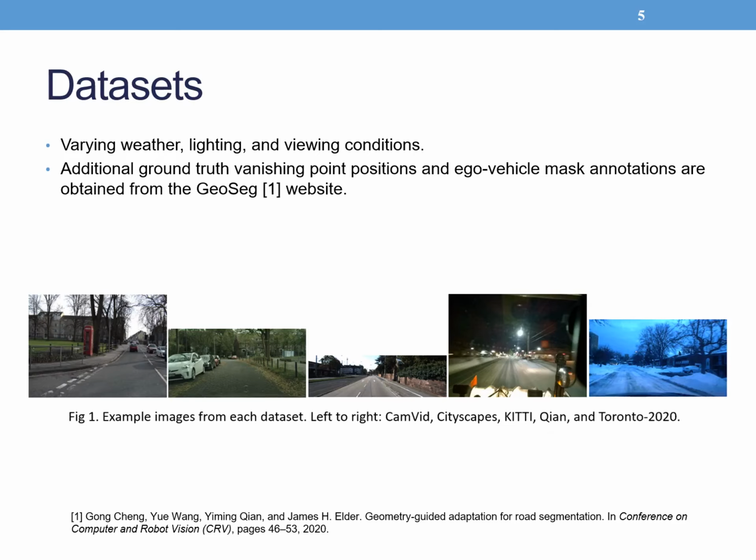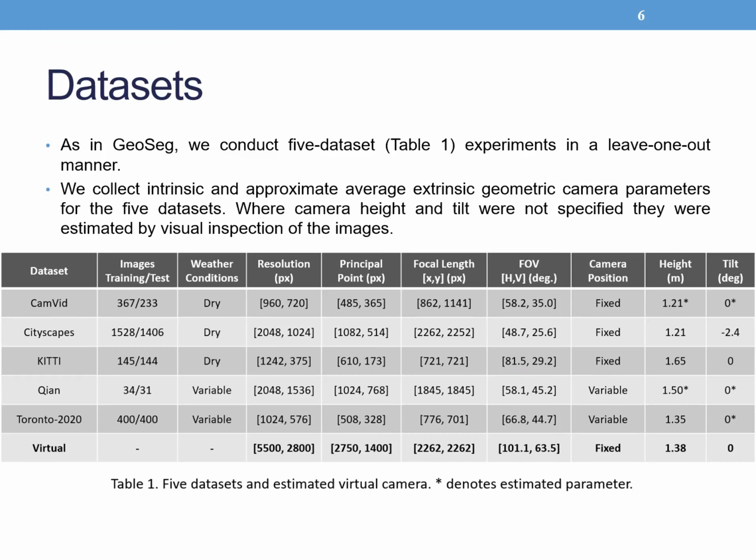Where camera height and tilt were not specified, we estimated them by visual inspection of the images. Following GeoSeg, we train and evaluate in a 5-fold leave-one-out manner. In each trial of domain adaptation, 4 labeled training sets are employed as the source domain, while the 5th unlabeled test set is the target domain.